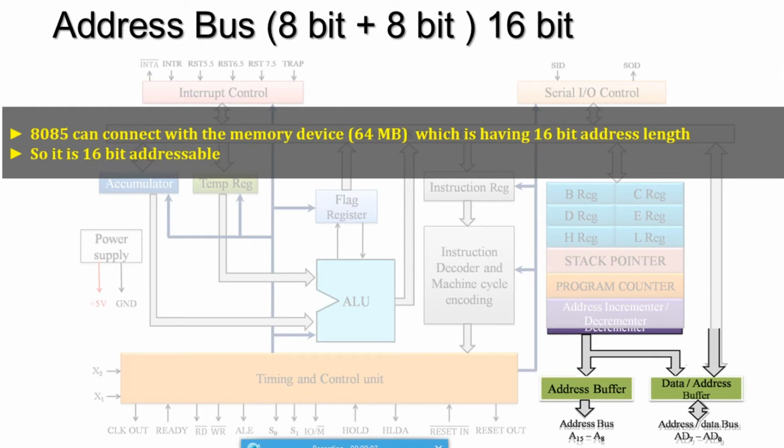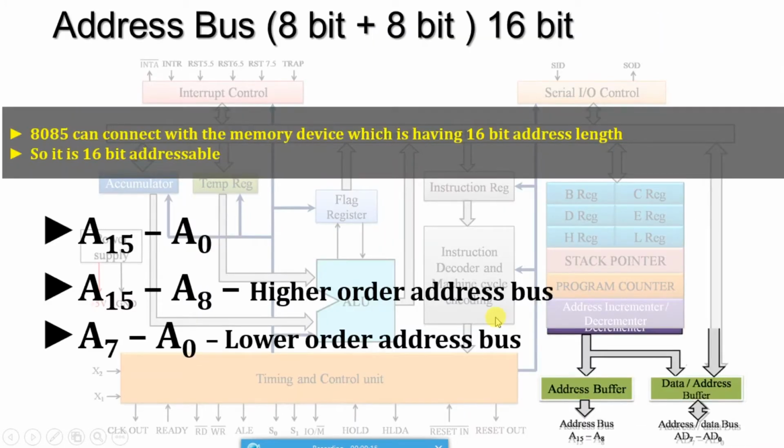Along with the lower order address bus, whatever data is to be read by the microprocessor gets multiplexed. Multiplexed means mixed through the same path itself. Through the same path, D0 to D7 data is included.